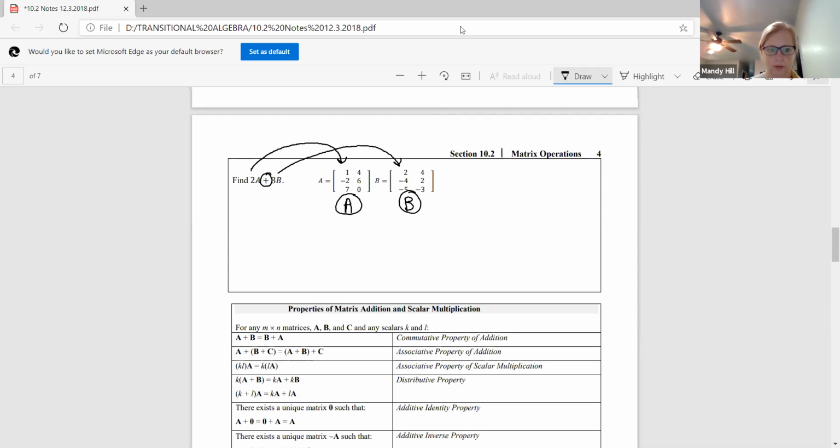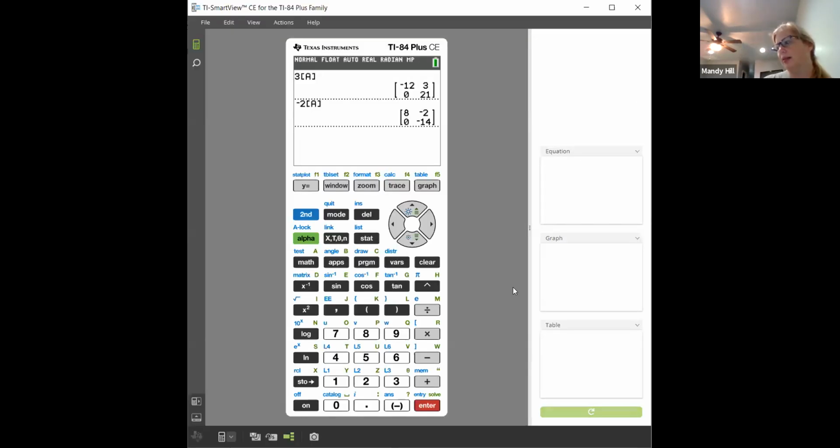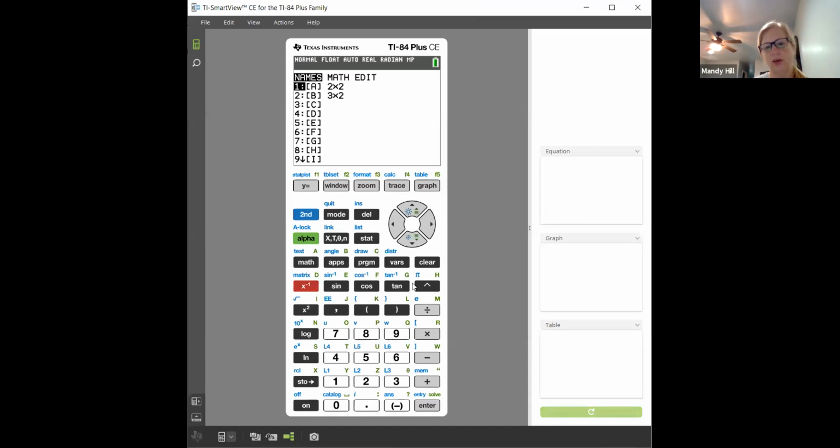Okay. And I will say, when you're adding, you probably will make less mistakes than when you're subtracting these by hand. But if you're subtracting, you probably for sure want to type it in your calculator and make sure that you're doing this correct. So these are 3 by 2s.